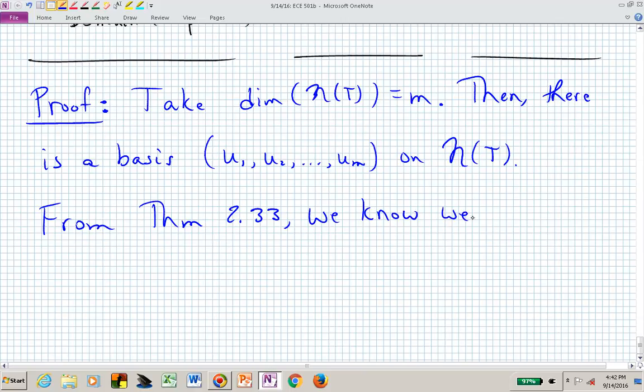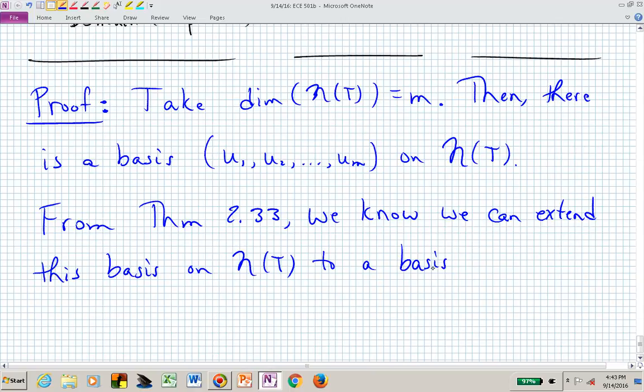we know we can extend or add to this basis on the null space of T to a basis of our input vector space V by adding vectors as necessary.